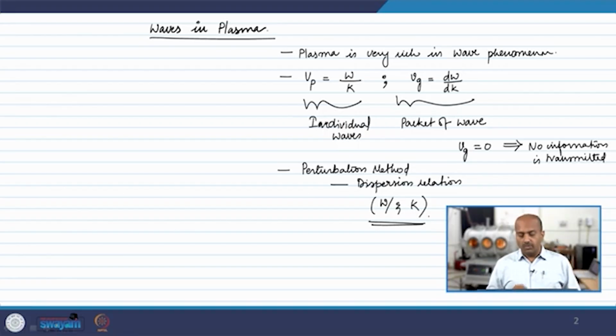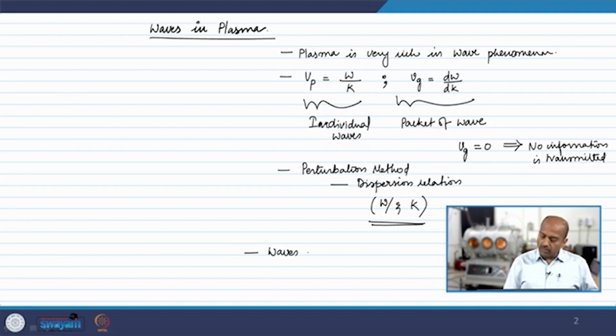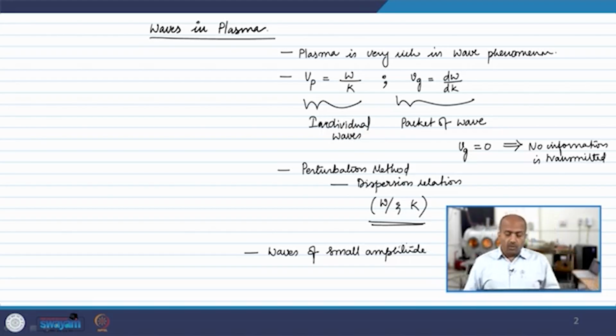So, what kind of waves do we want to study in plasma? Basically, we are going to confine ourselves to waves of small amplitude. Why? So that we can use the linear perturbation theory, right. And how do we use it?